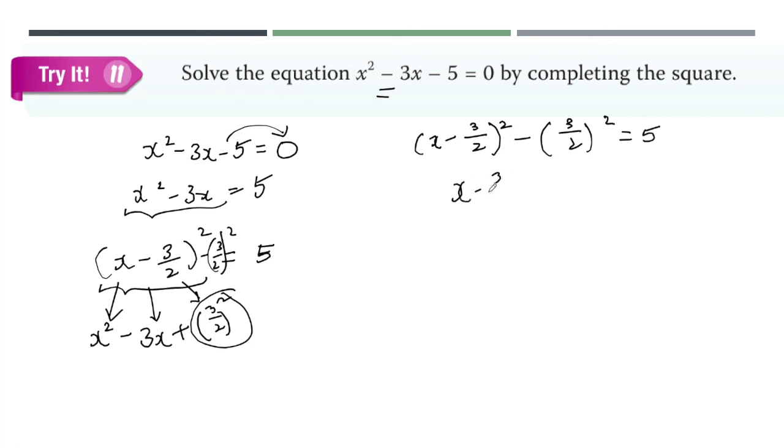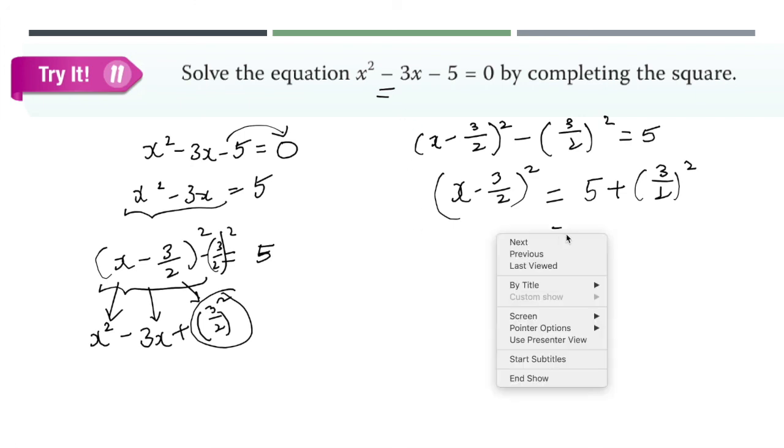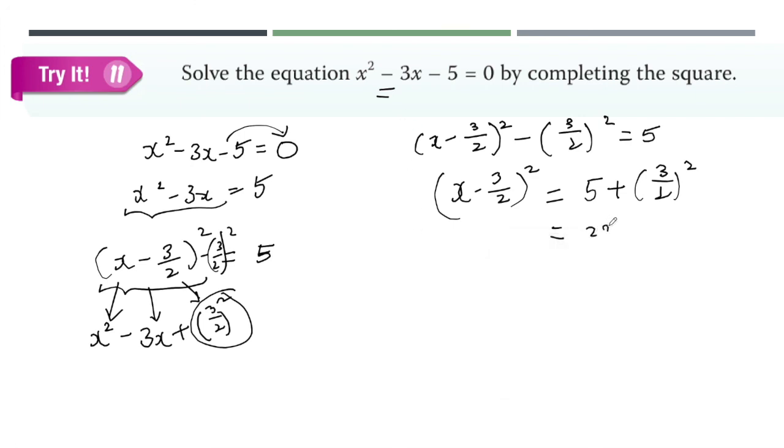So I keep my bracket on the left hand side. I move this constant term to the right hand side. So this 5 plus 3 over 2 square, which is actually 9 over 4, is 29 over 4.